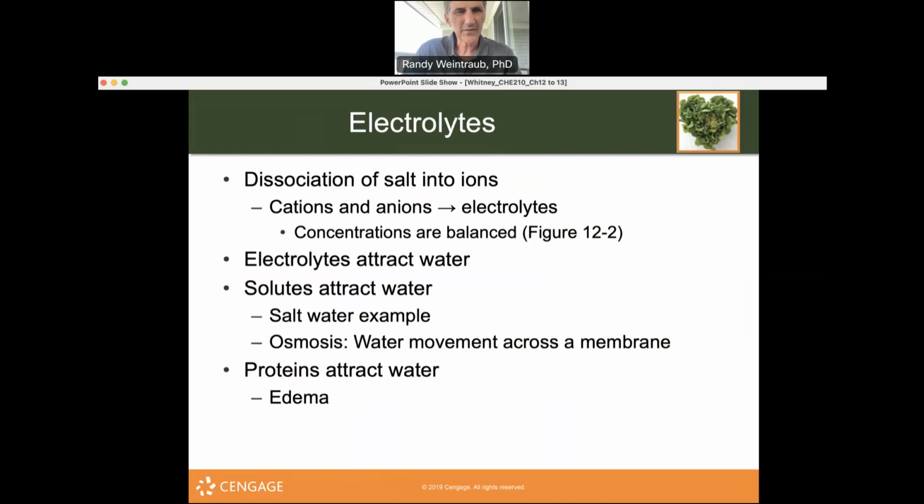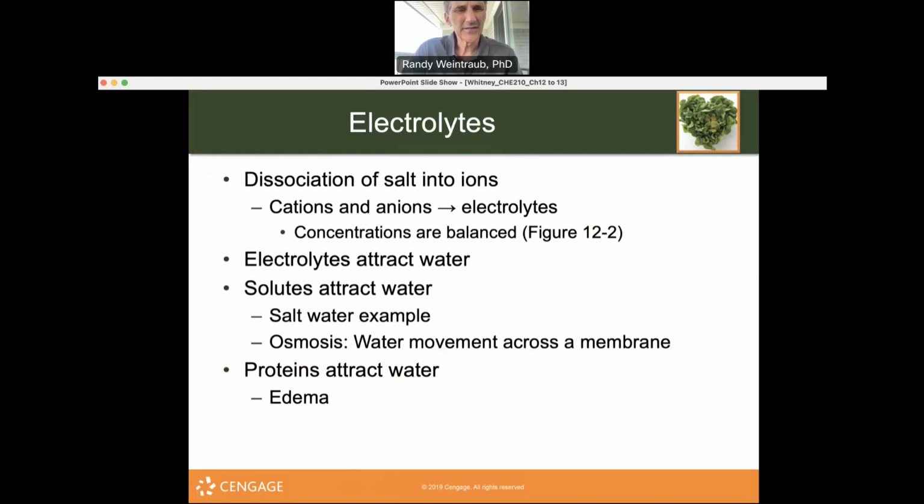When we say salt, oftentimes we think of table salt, NaCl, sodium chloride. Sodium chloride dissolves in water to its ions, sodium ion, a cation, and chloride, a negative ion.